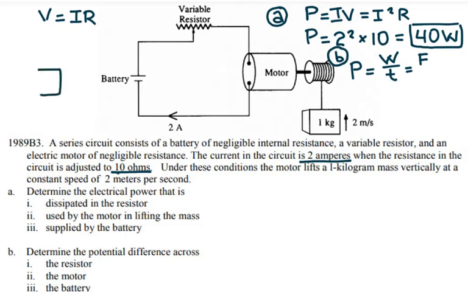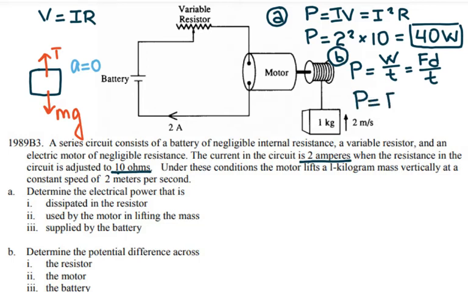If you look at the mass, you have tension, you have mg, and the acceleration is 0 because it's moving at constant velocity. So in this problem, we have force times the distance over the time. This formula is usually not given, but it can be derived this way.